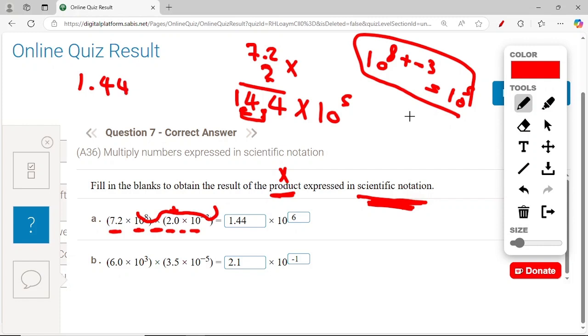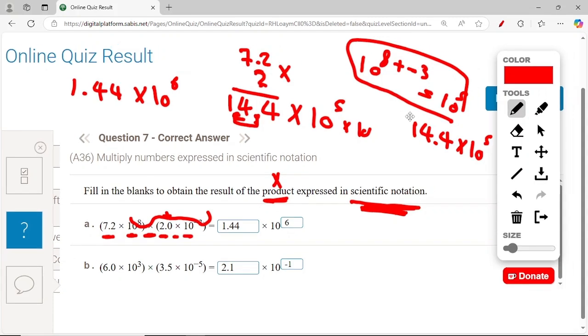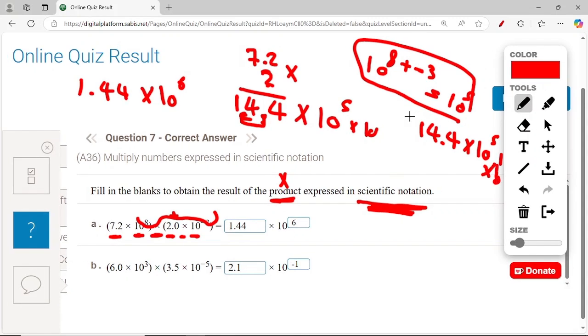So if I did this, 1.44, I have to multiply this by 10, so it will be multiplied by 10 to the power of 6. How did I do this? It was 14.4 multiplied by 10 to the power of 5. I multiply by 10 and divide by 10. So this one will be 10 to the power of 6, and 14.4 divided by 10 will be 1.44.